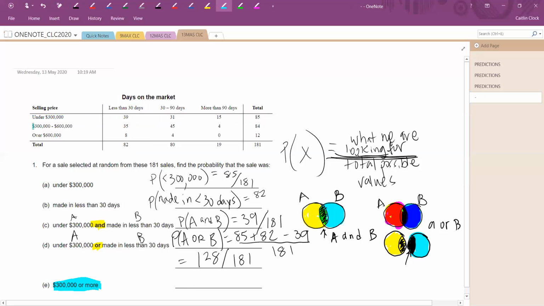But this row and this row are 300,000 or more.